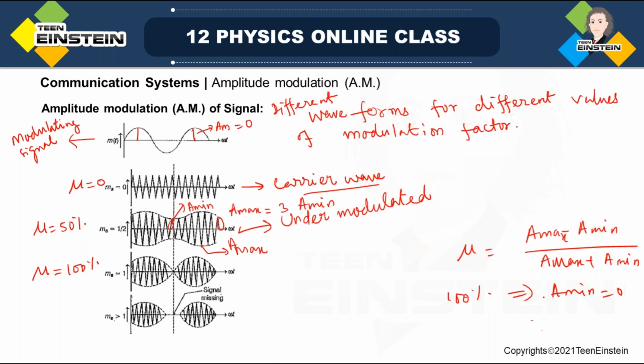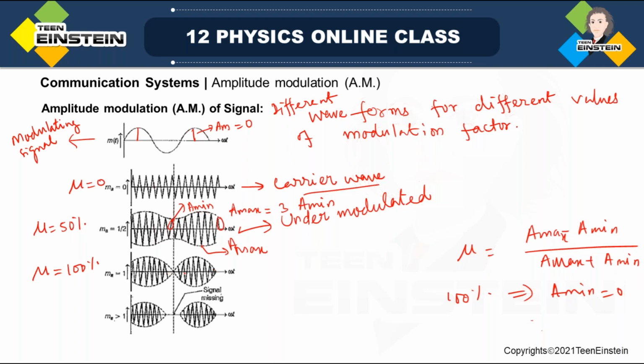A min is zero, and that would give you the waveform of this kind. This is the kind of waveform you get when minimum is zero. You can see minimum is almost going to be zero here.